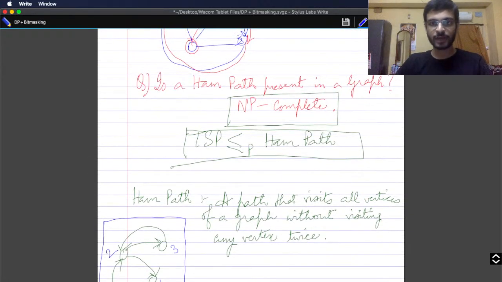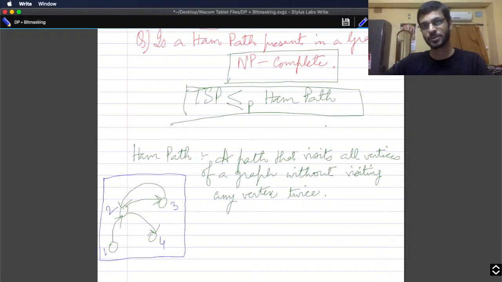So now you need to find out whether a Hamiltonian path exists or not. What can be a trivial way of doing it?